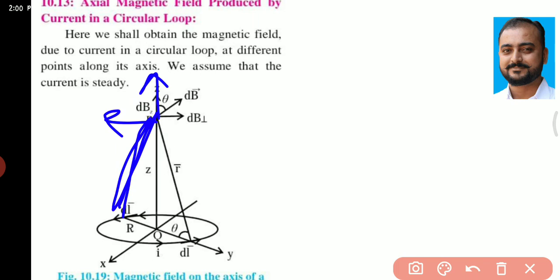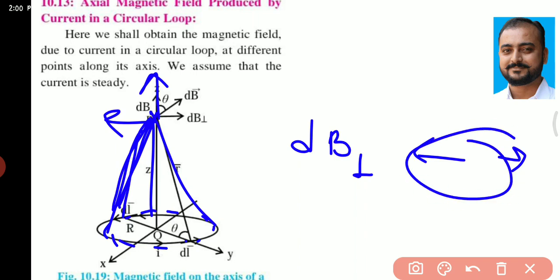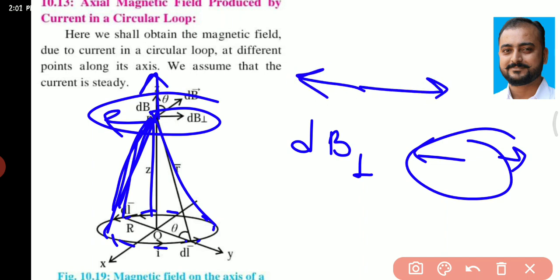For every small element on this circle, the perpendicular component of dB to the z axis is equal and opposite, so the sum of all these becomes 0, because the magnetic fields are equal and opposite.